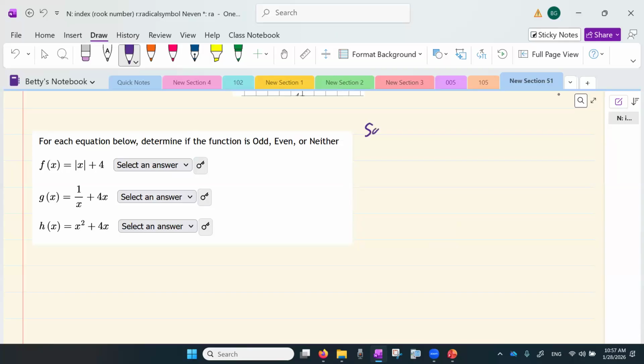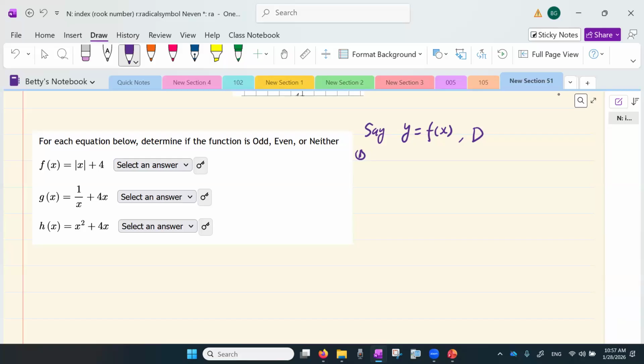Let's say y equals f of x is a function, and the domain is D, okay? If it satisfies the following two conditions, then the function is an even function. What is an even function?